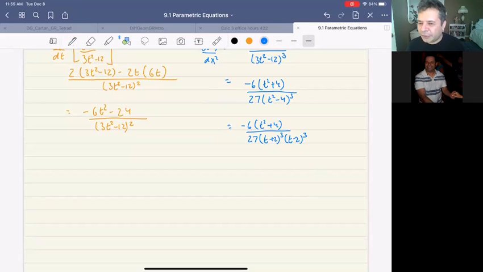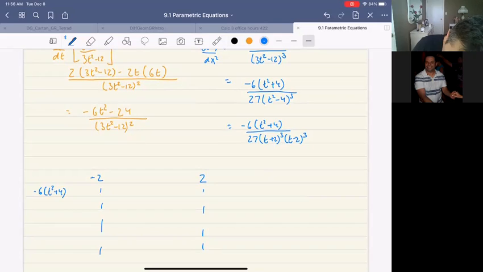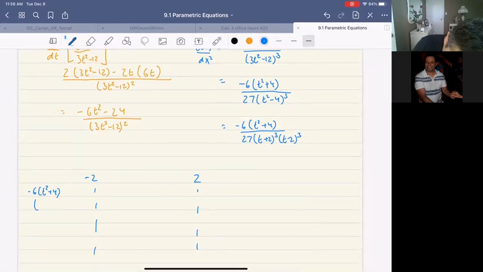I'll link a video for that, for using sign charts, but just quick and dirty, I'll take negative 2 and 2, negative 6 times t squared plus 4. 27 is not going to make a difference.